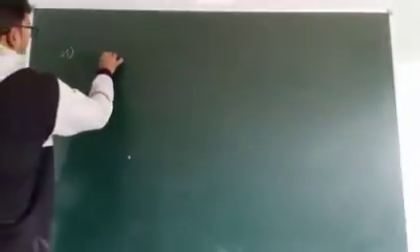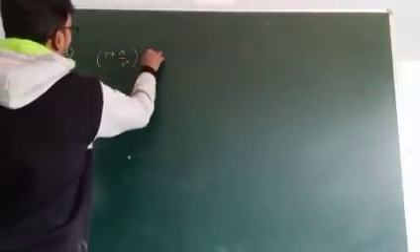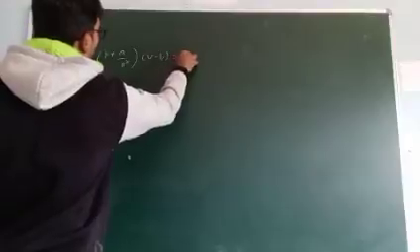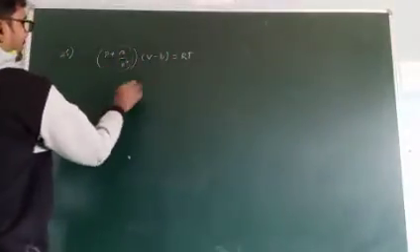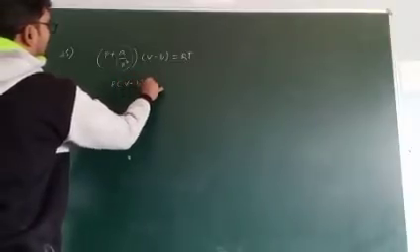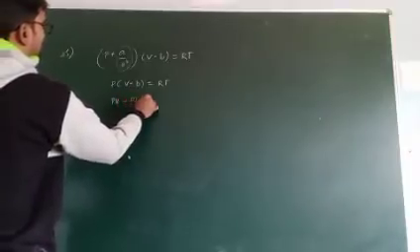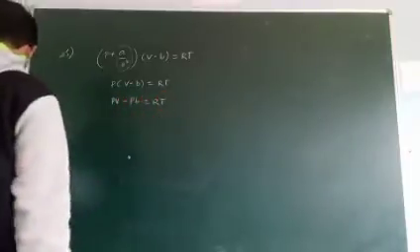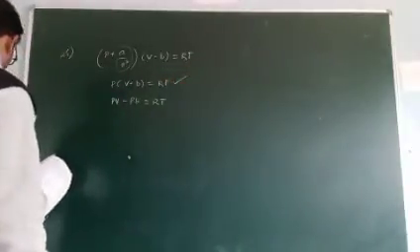High pressure, so we know the formula: P plus a n squared by V squared into V minus nb is equal to nRT. Already high pressure is applied, so this extra pressure term is not required. So P into V minus b is equal to RT. So PV minus Pb is equal to RT. So this is option C.